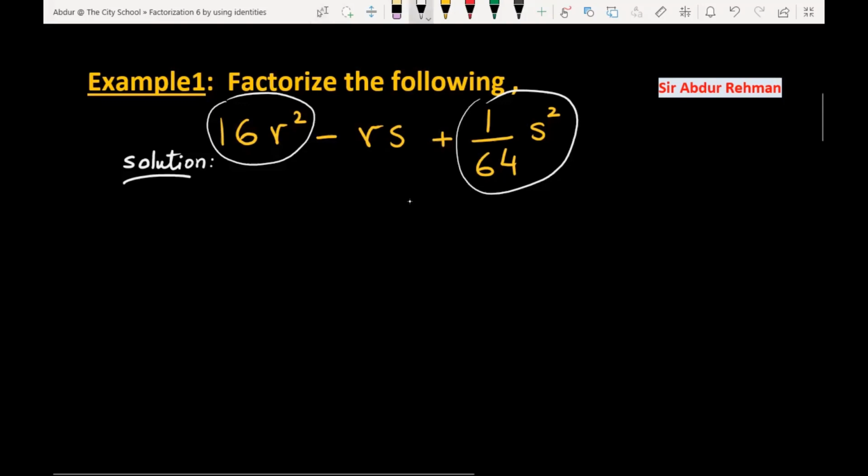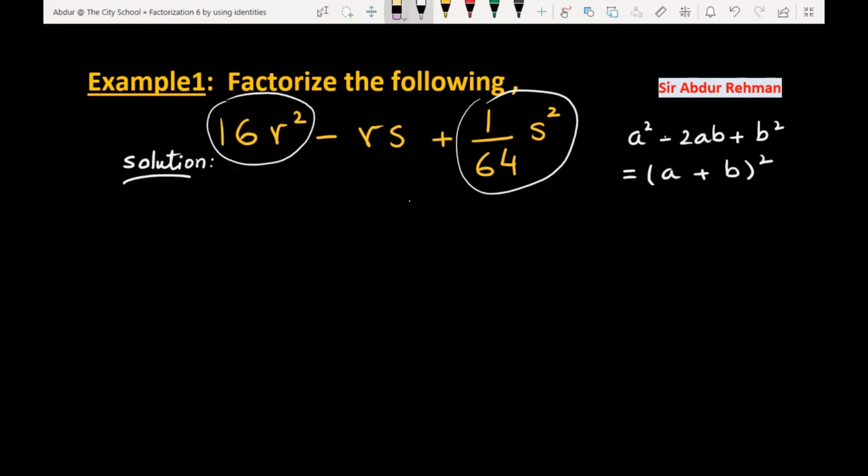Recall the identity a square plus minus 2ab plus b square equals a plus minus b whole square. Recall this identity: a square minus 2ab plus b square equals a minus b whole square.